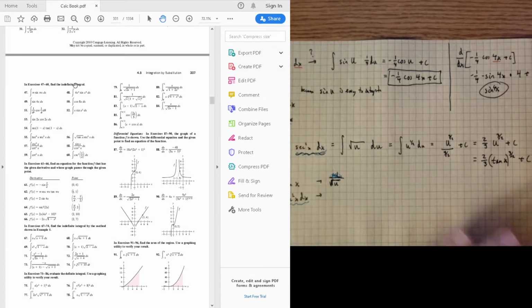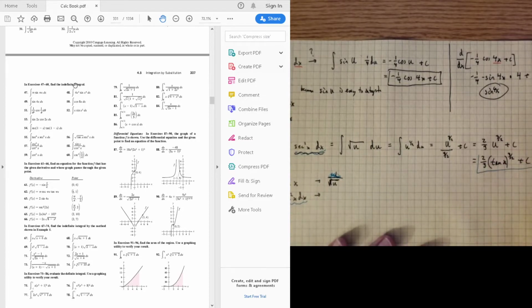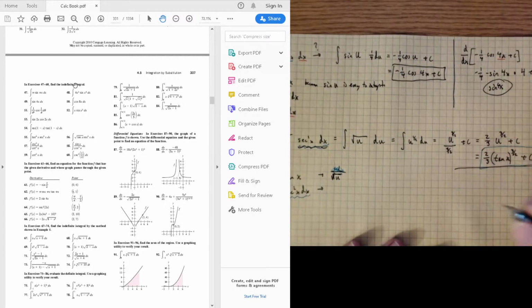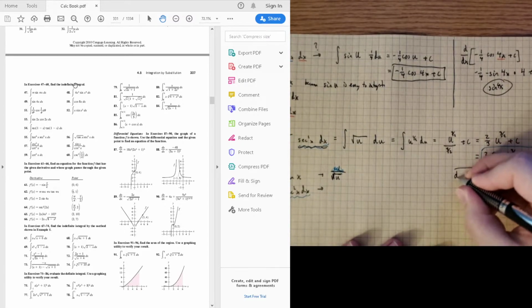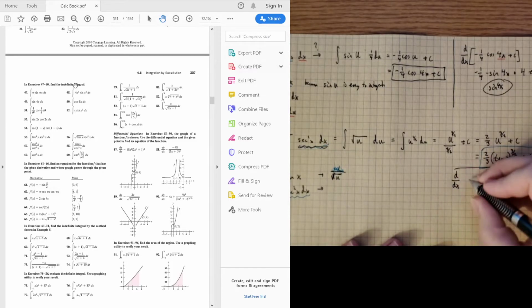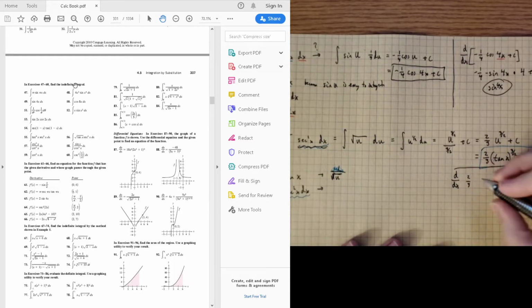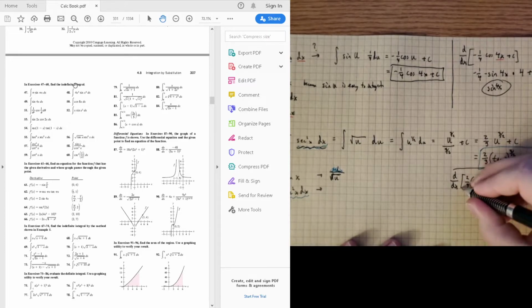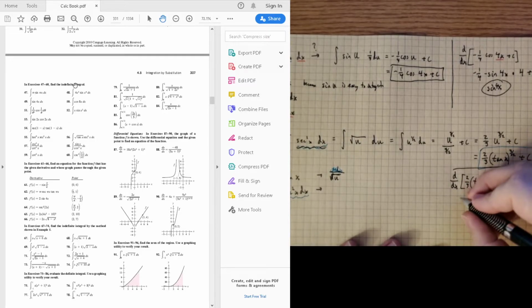Just like before, I'm going to verify this answer by looking at the derivative. So I take the derivative with respect to x of 2/3 times tangent of x to the 3/2 power plus c. 2/3, not important, it moves out.